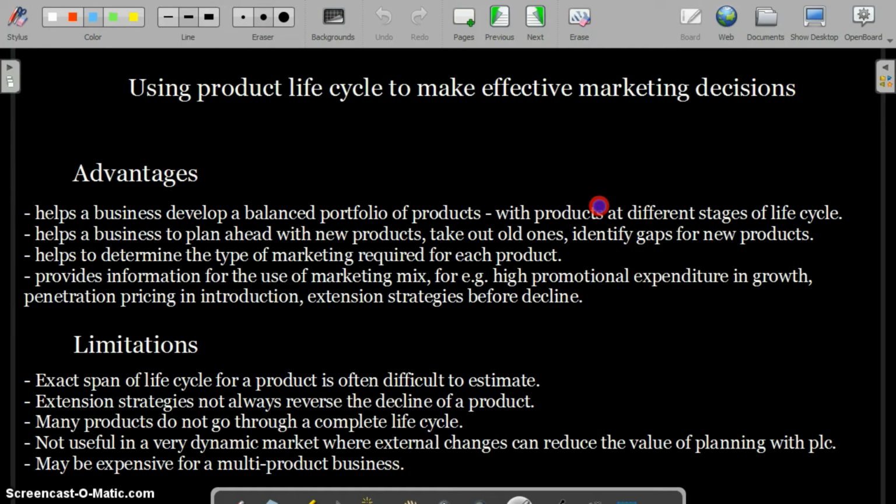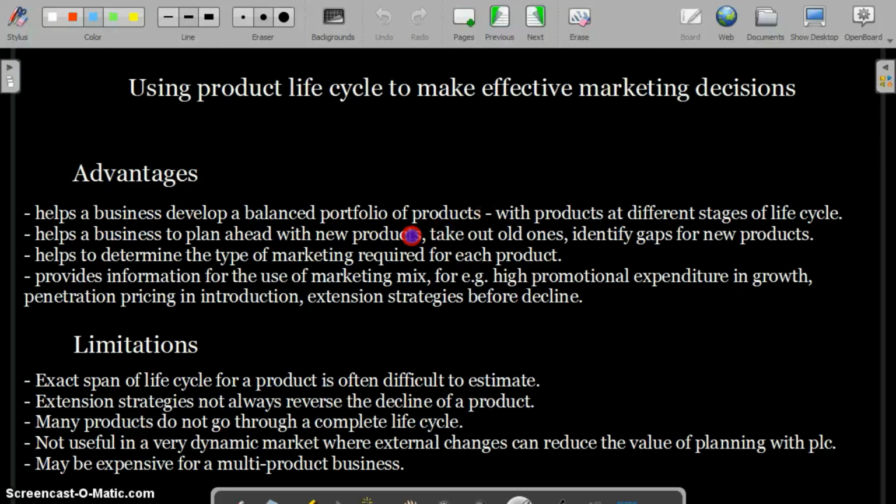It's just an economic term, an A2 term you can say, where the basic idea is that the profits of one product cover up the loss of the other product. So overall the business does not have a negative cash flow, they have a positive cash flow, so the profits can be used for investment in the other products. So overall the business keeps growing. That's the biggest advantage of product life cycle.